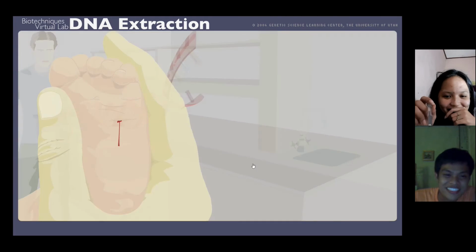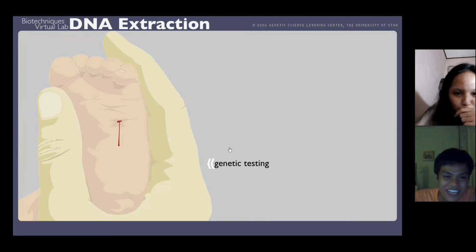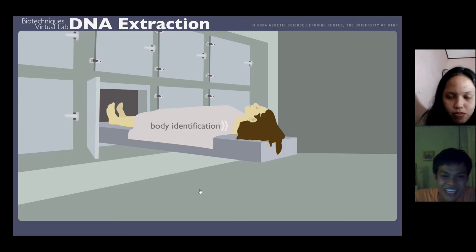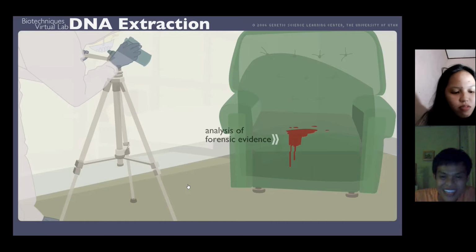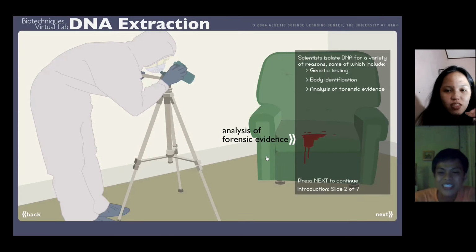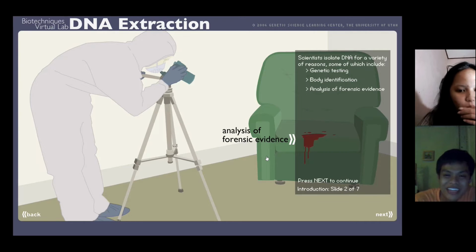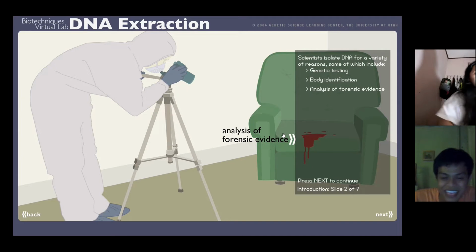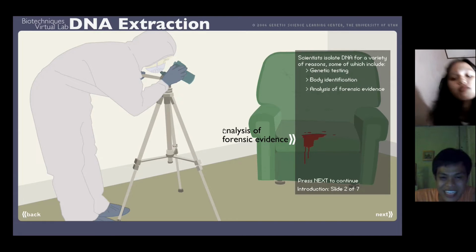Okay, next. So we have here genetic testing, body identification, and analysis of forensic evidence. Yun yung mga purpose bakit kailangan natin i-understand ang DNA: forensic identification, forensic evidence, genetic identification, tsaka body identification.